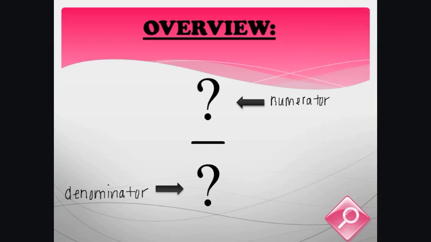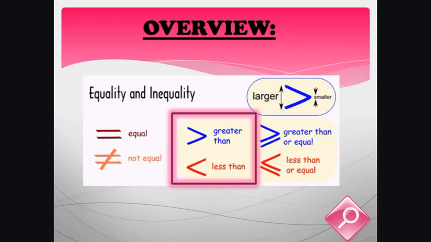Since we're going to be comparing and ordering rational numbers, I want to take a moment to review the symbols of inequality and equality. When we compare our rational numbers, we're more than likely either going to say that one is greater than or one is less than the other.